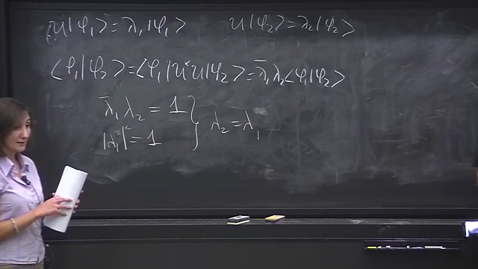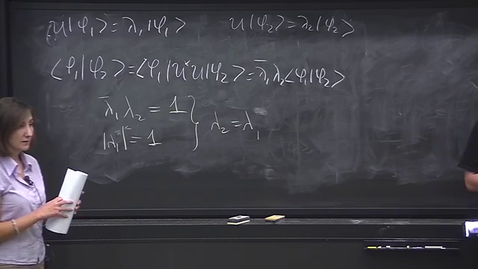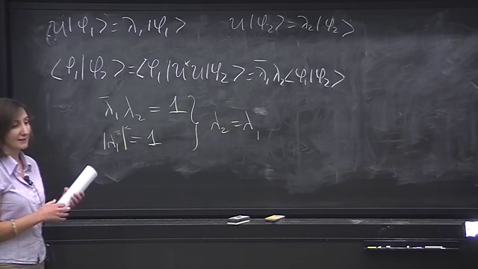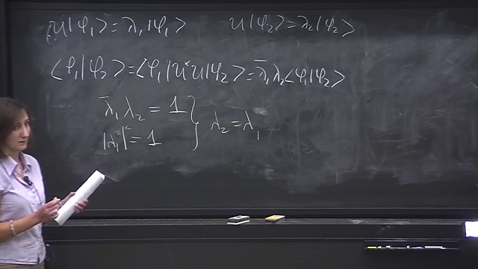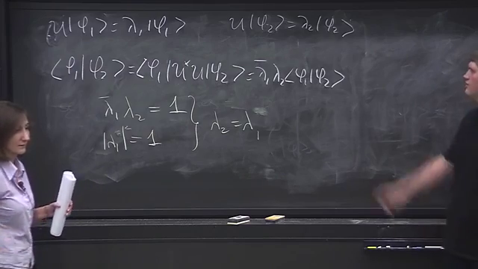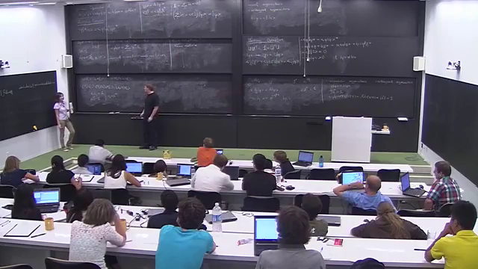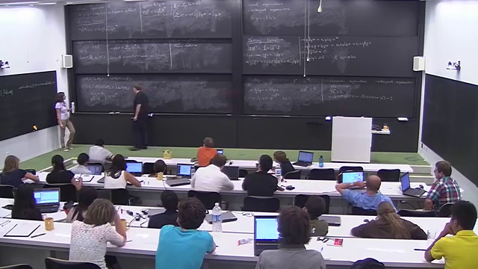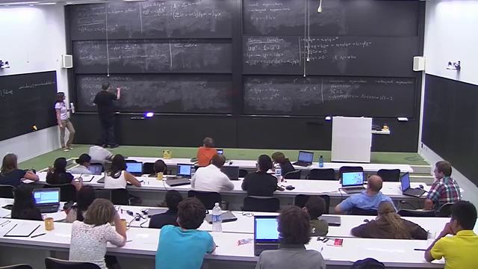If you have degenerate eigenvalues, that would be degenerate eigenvectors. If the two eigenvalues are the same, that's fine because then you just have this, which is 1.